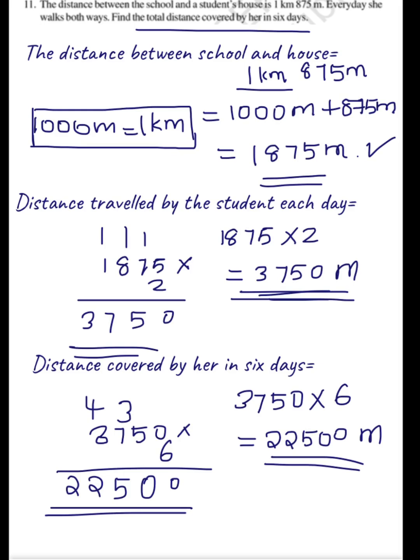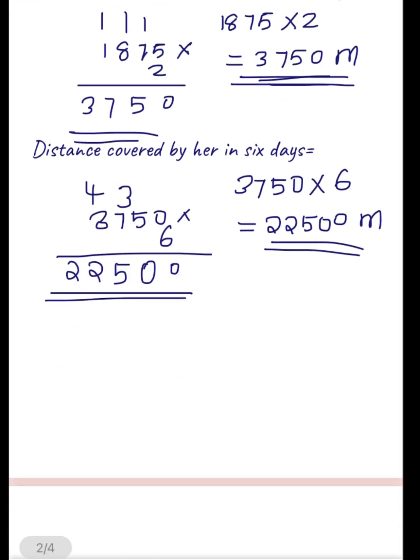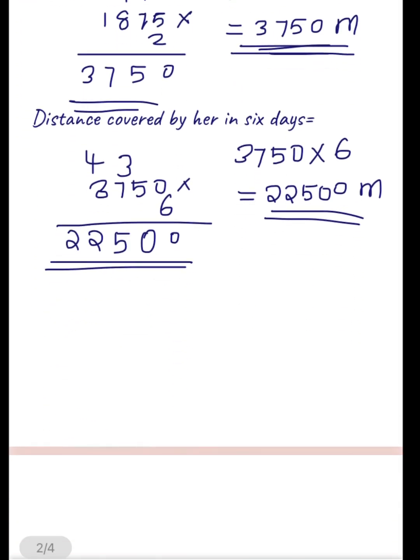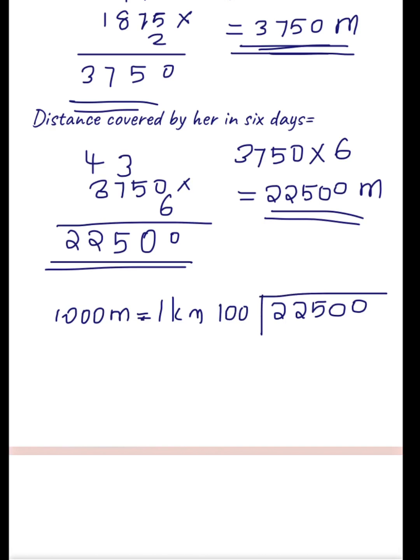So now since our question is in kilometer, let's convert this 22,500 into kilometer. So you know that 1000 meter is equal to 1 kilometer, right? So to convert this 22,500 to kilometer, we need to divide it by 1000 and see the answer.